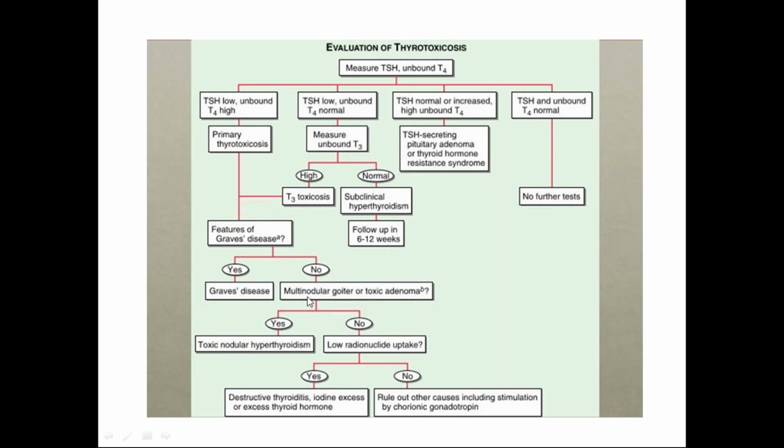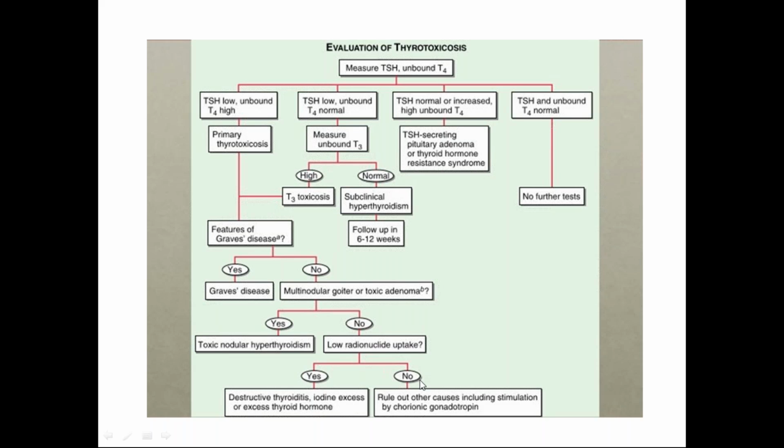And if we confirm it as toxic nodular hyperthyroidism, we treat it. But if we have no evidence of goiter or toxic adenoma, then we do a radionuclide uptake scan, technetium scan. I'll discuss it later in the next slide. If there is a low uptake, then it is destructive thyroiditis or iodine excess or excess thyroid hormone, like outside ingestion of excess thyroid hormone.